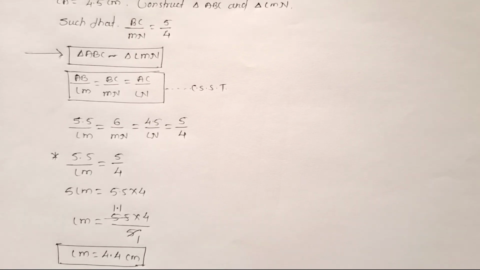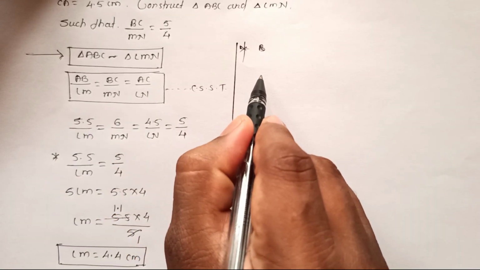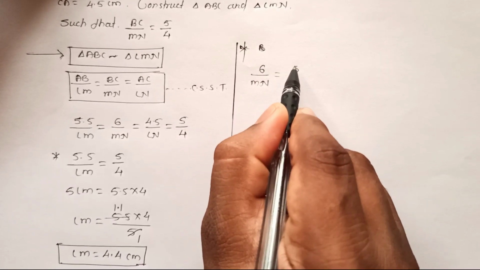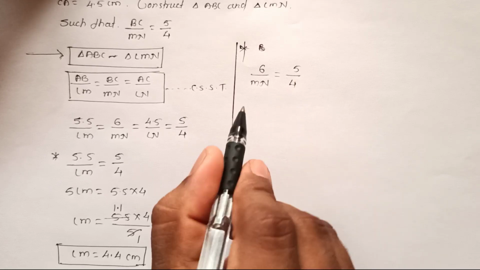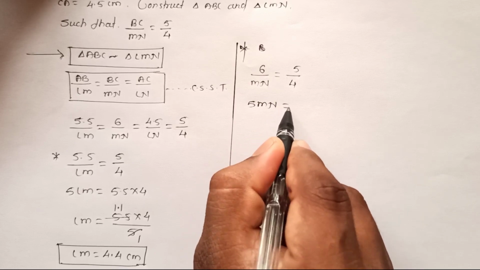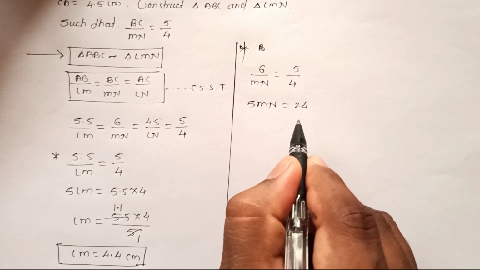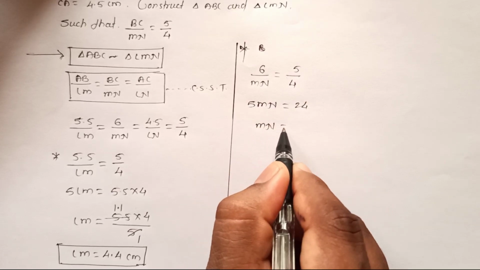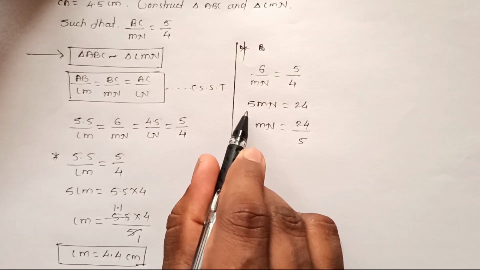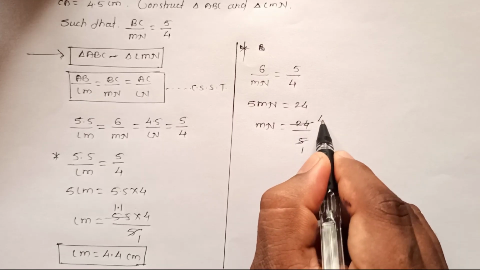So let's find out this side MN. The second ratio is 6 upon MN is equal to 5 upon 4. Again by making cross multiplication, 5 MN is equal to 6 4s are 24. So MN is equal to 24 upon 5. 5 ones are 5, 5 4s are 20.